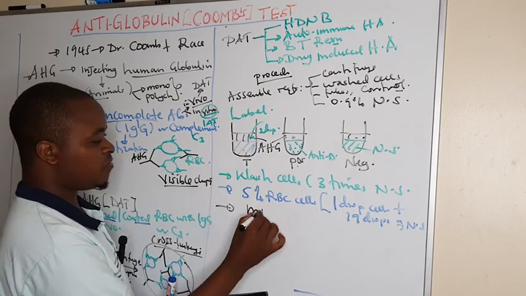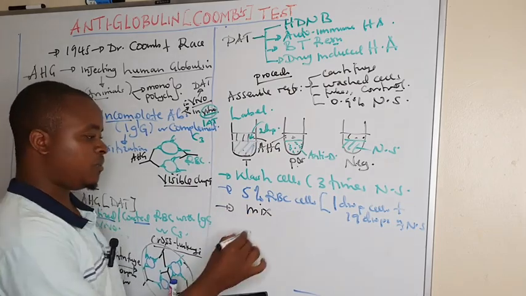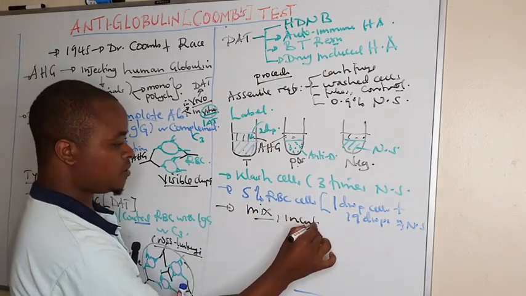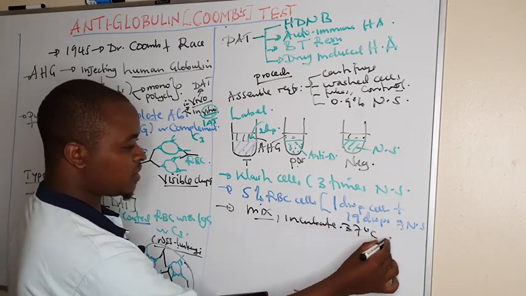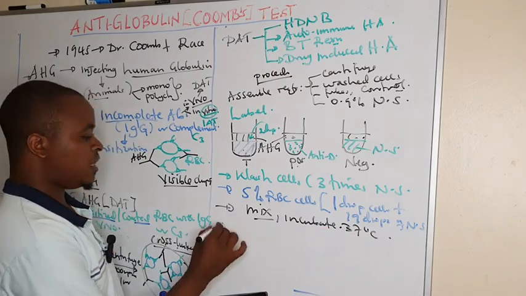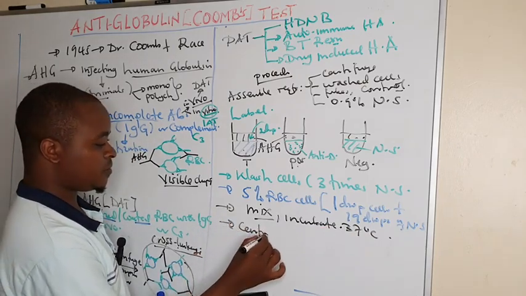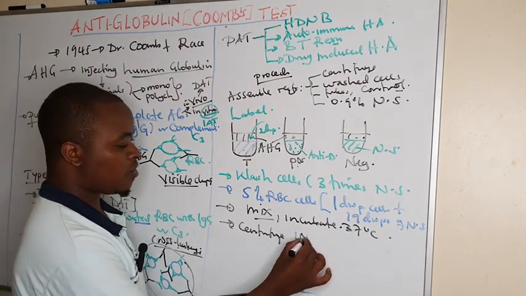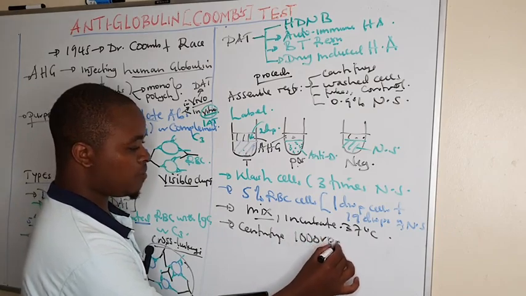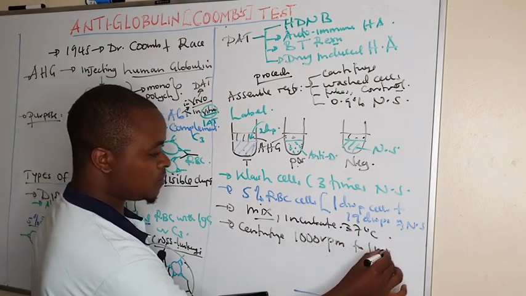After mixing, incubate. And after incubation at 37 degrees centigrade, that's when we centrifuge. And we said we centrifuge at 1,000 revolutions per minute for 1 minute.